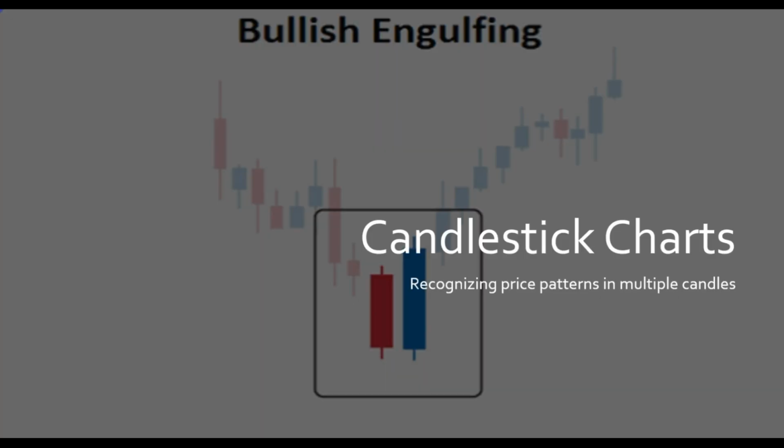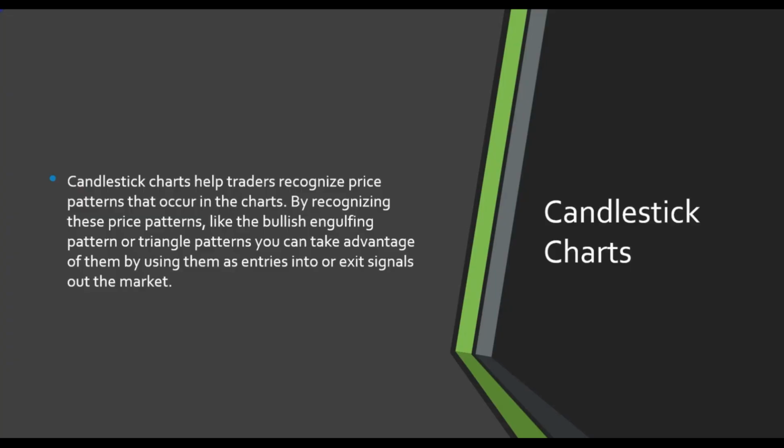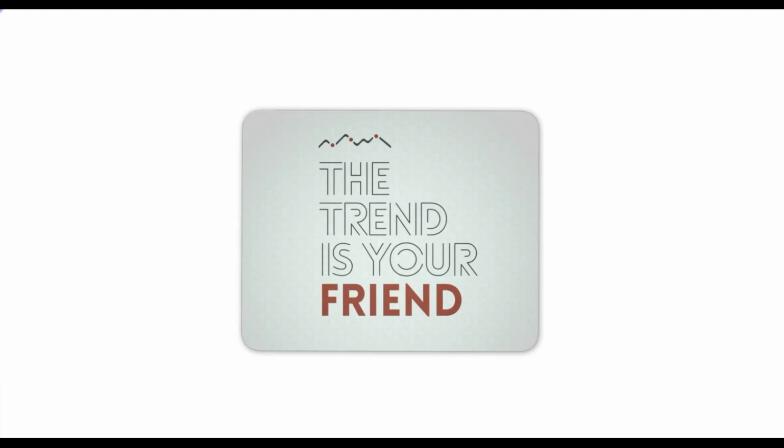The engulfing candle is when the current candle is the opposite color of the previous candle and fully engulfs that previous candle. It tells us a shift in the market is taking place. Candlestick charts help traders recognize price patterns that occur in the charts. By recognizing these patterns like bullish engulfing patterns or triangle patterns, one can take advantage of them by using them as entry points into the markets.